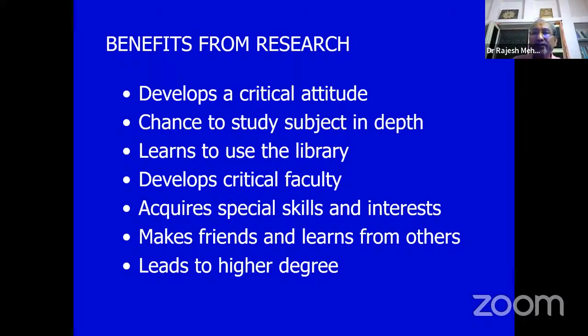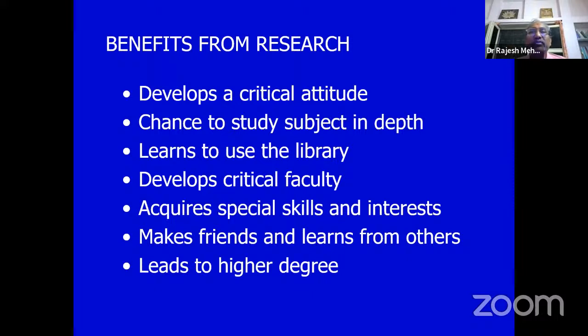And when we are doing research, we should look at the research paper from a critical point of view: what is wrong with this research paper. We should try to have a critical attitude, not only for others but also for self analysis. And as a part of research, we are studying the subject in depth. I will give an example: generally we talk about the traditional pattern, how they are doing, etc. But when you go into depth, we can find there is something good among them also.